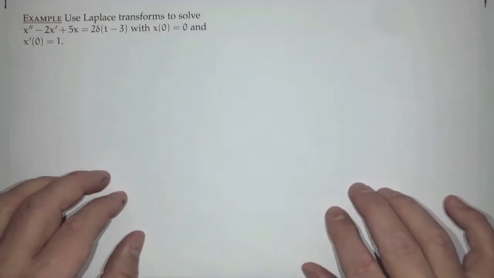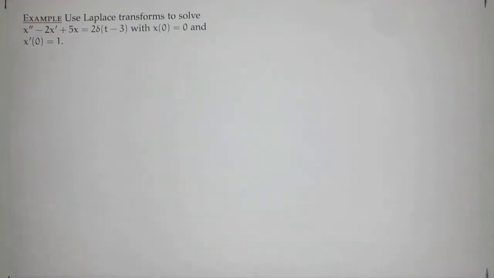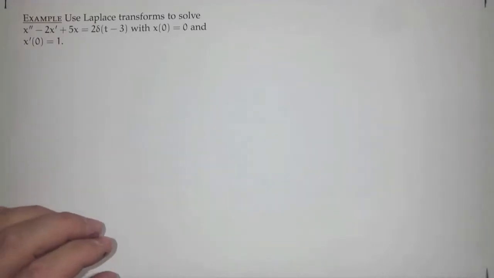So, use Laplace transforms to solve x double prime minus 2x prime plus 5x equals 2 delta of t minus 3, x of 0 equals 0, and x prime of 0 equals 1. Now, on this problem, we should use Laplace transforms. And I say there are two reasons why. Can you give me one reason why?